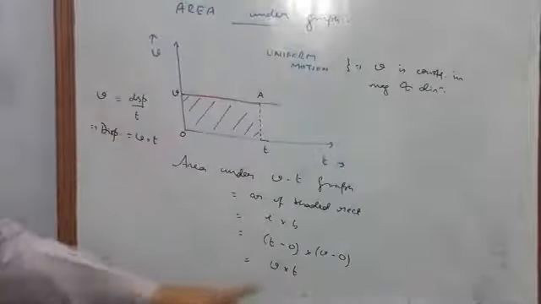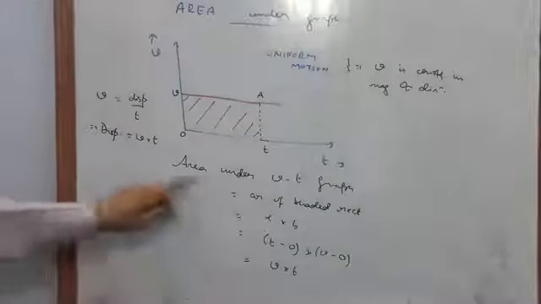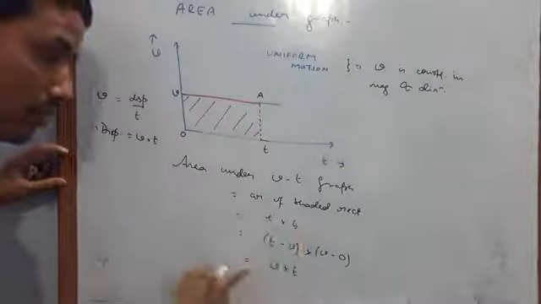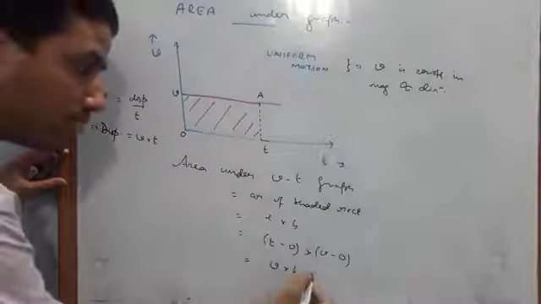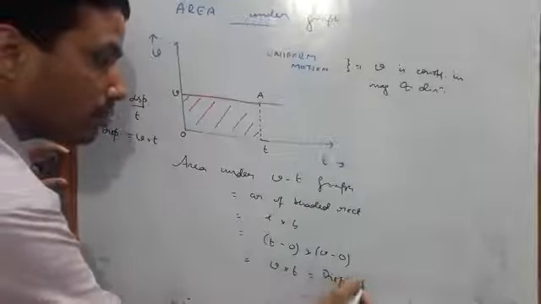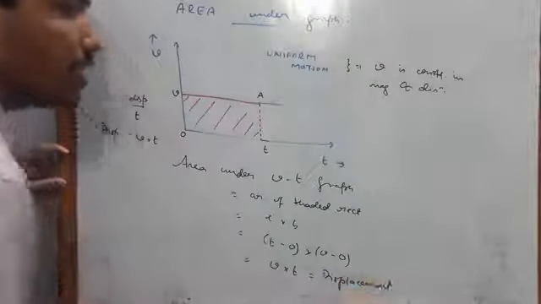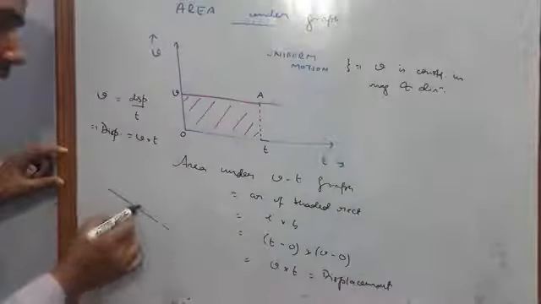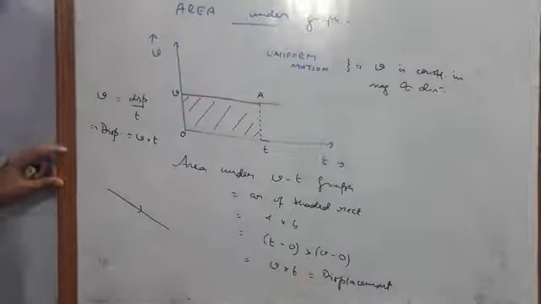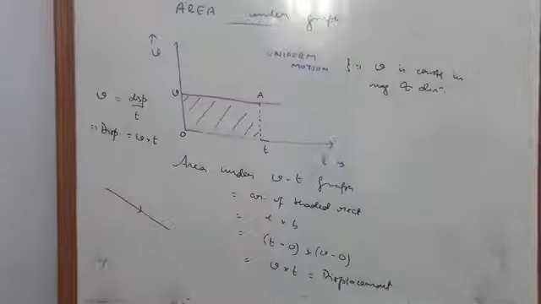Are we getting V into t here? Yes. So it gives one more important thing: the area under the Vt graph, which is V into t, is nothing but the displacement covered. If it is one dimensional motion, displacement and distance will be the same. You might write it also as distance, but to be more correct, you should write displacement.